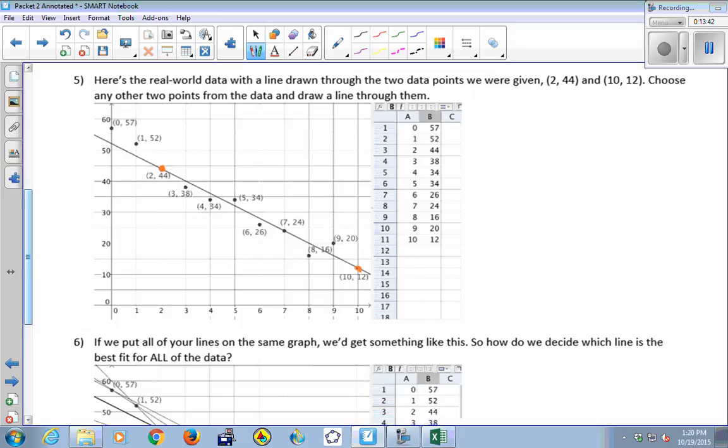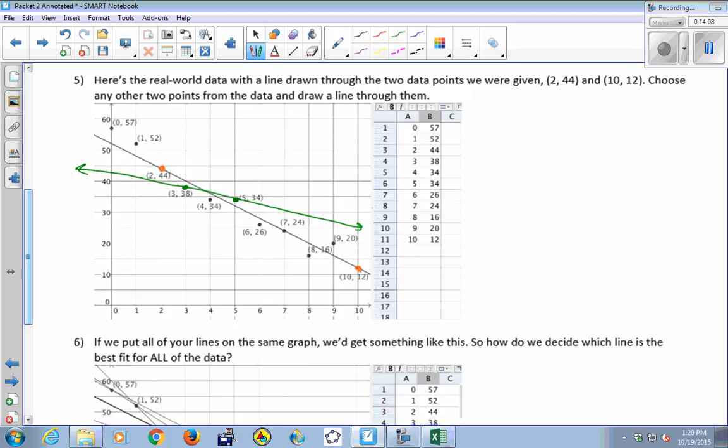Okay. So choose any other 2 points from the data and draw a line through them. So let's choose 338 and 534, right? Pick 2 random points, connect them with a line, and we get a pretty different looking line than the one that connected the 2 points that we started with.